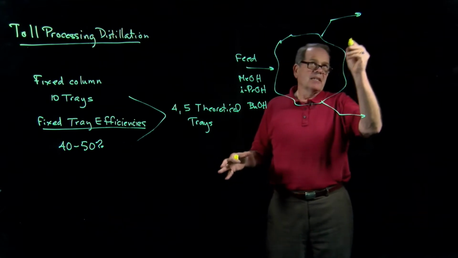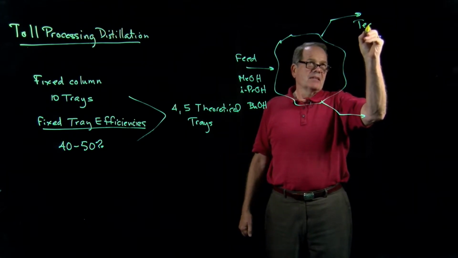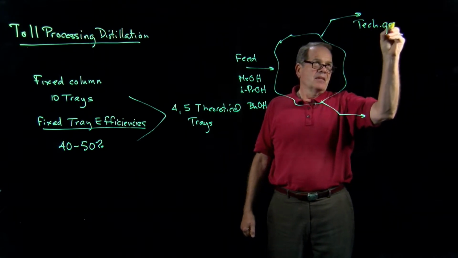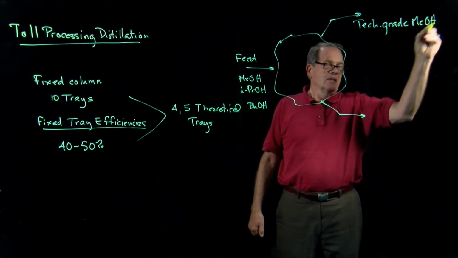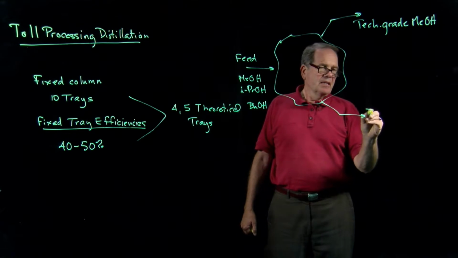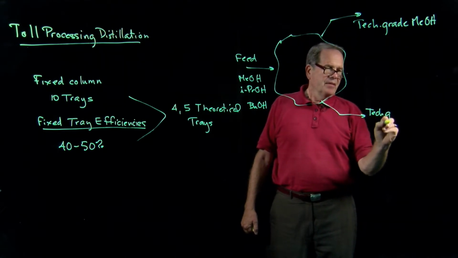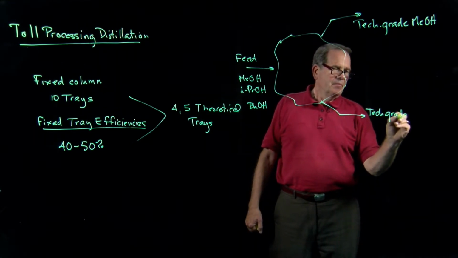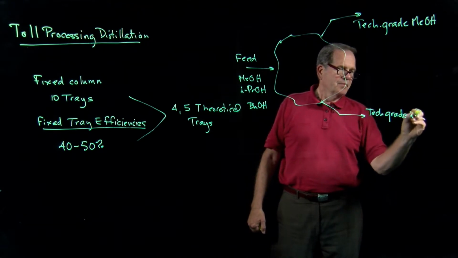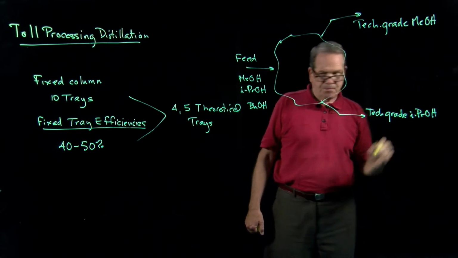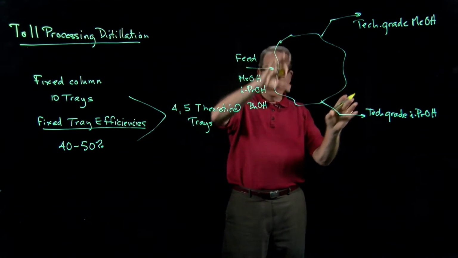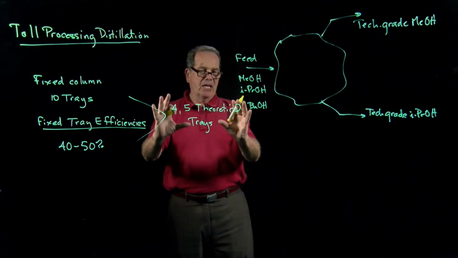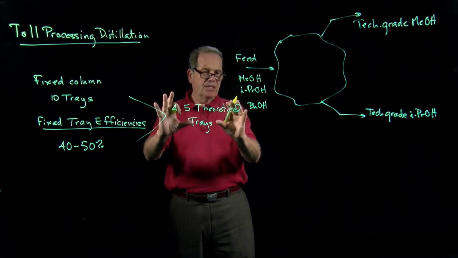Ideally, what I would like is technical grade methanol, and I would like technical grade isopropanol. Now, that's the ideal. The reality is, though, I only have a few theoretical trays.